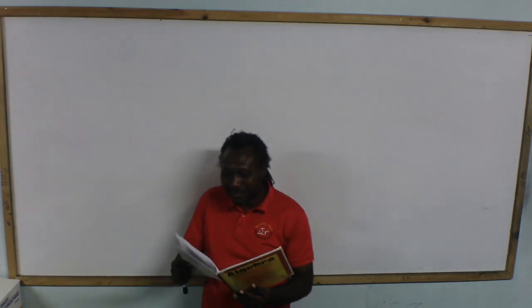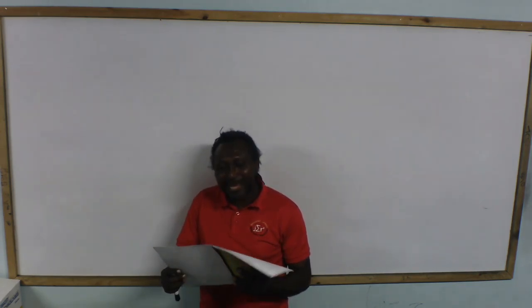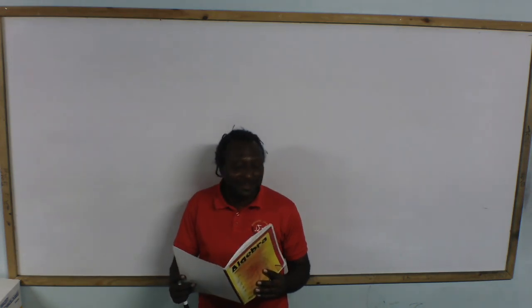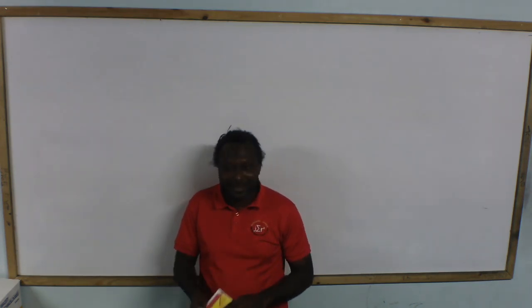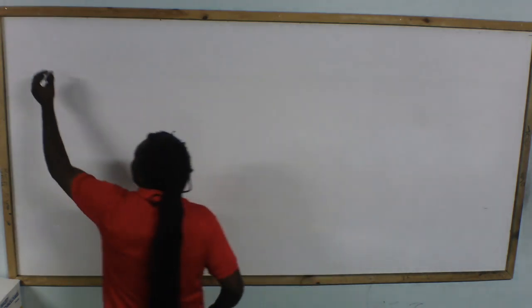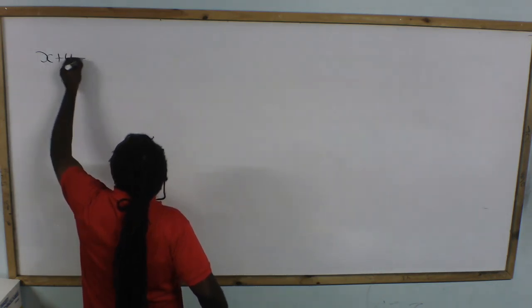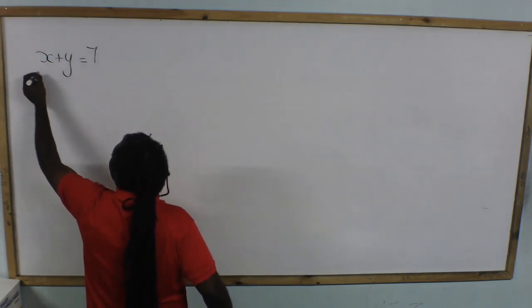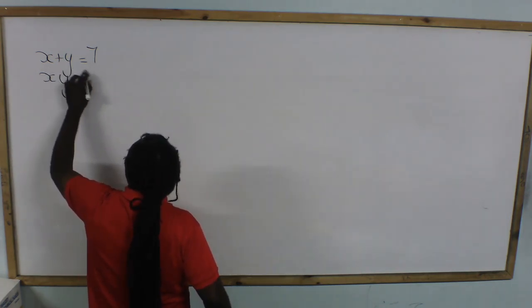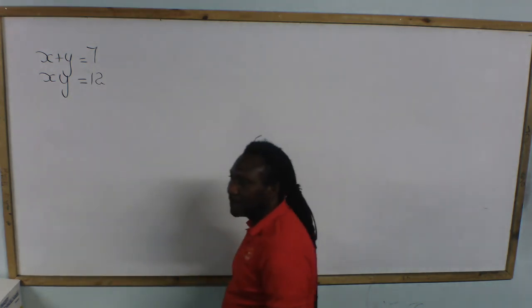This one is the algebra, of course. And I'm running out of space here. X plus y is equal to 7. And xy is equal to 12.